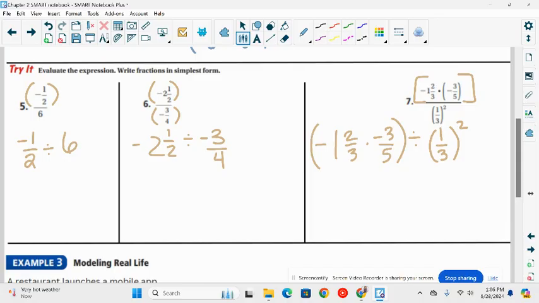Who can get it right? If you got it right, you get a piece of candy. All right, number 7, you've got to get it right. Oh my goodness, no fancy calculators.